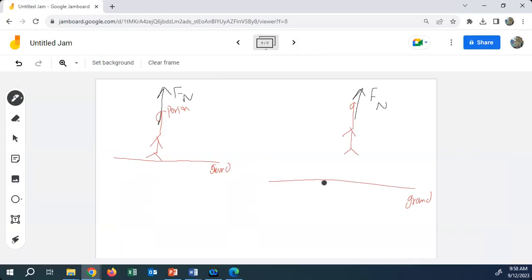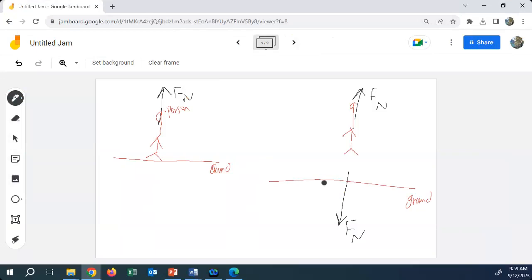What is Newton's third law? The person exerting exactly the same force on the ground. Okay? Equal and opposite direction. Yes or no? Is it clear?